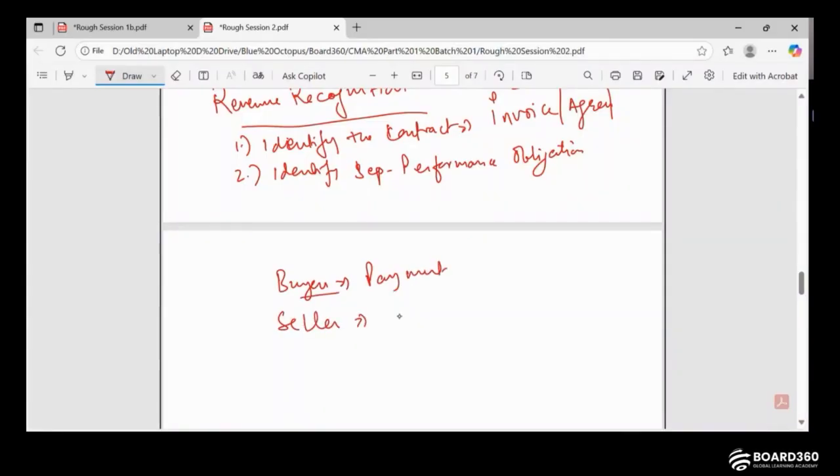Seller's obligation will be to send the goods or services. Okay. Third, determine the transaction price. The price of the total goods or the total services to be provided.